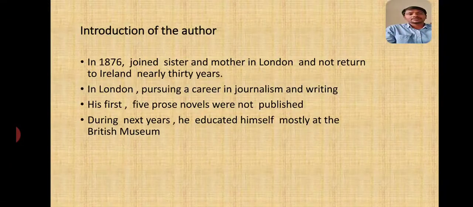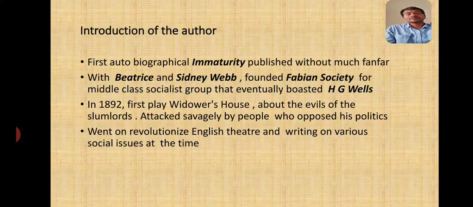In London, George Bernard Shaw pursued a career as a journalist, and he began writing. He wrote five novels which were not published. During the next years, he educated himself mostly at the British Museum, where he read voraciously.